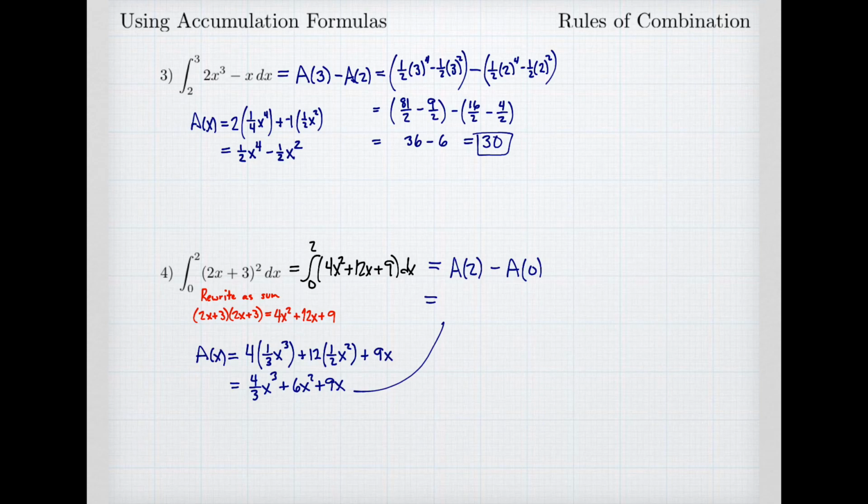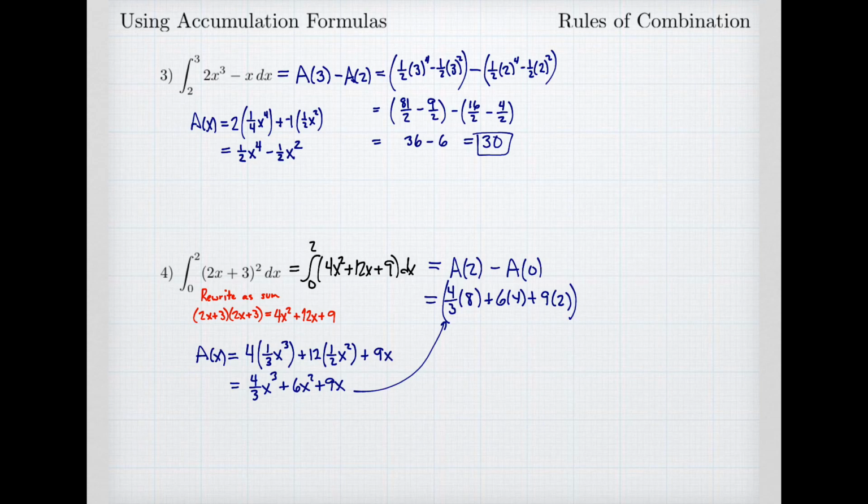And so I'll now plug in 2 into my formula. So I get 4/3, 2 cubed is 8, plus 6 times 2 squared is 4, plus 9 times 2. I forgot the 6. Let's get back there. 6 times 4 plus 9 times 2. This is the value of the accumulation at 2.